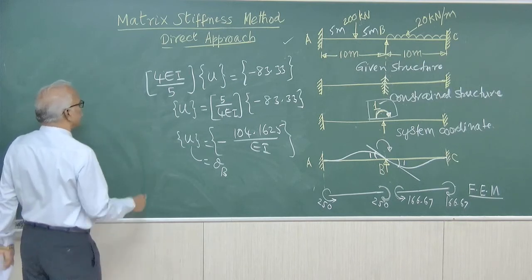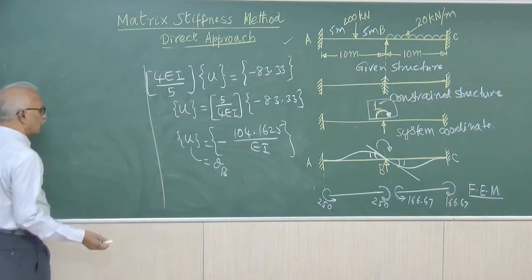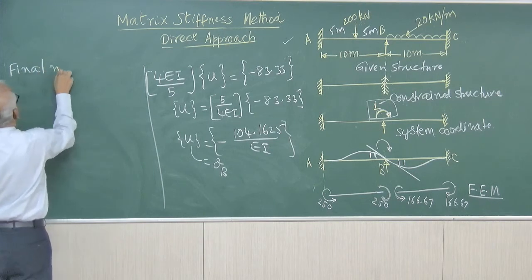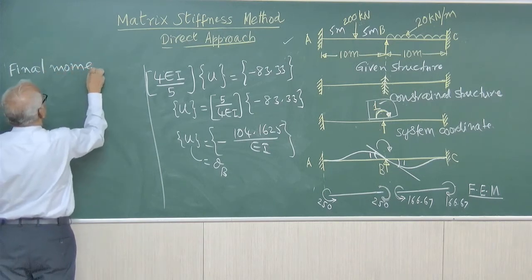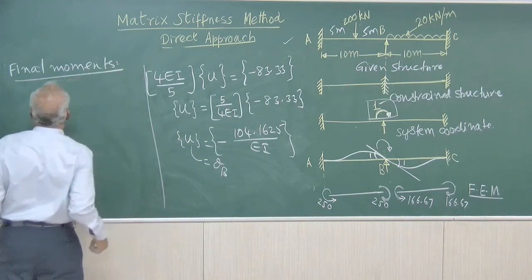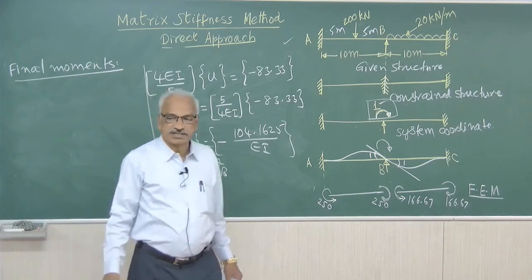Once we find out the value of the unknown theta B, next we can go to the calculation of the final moments. We are going to employ the slope deflection equations.